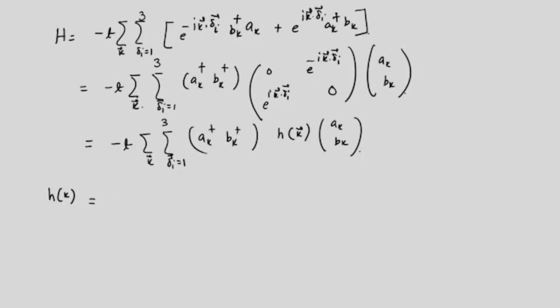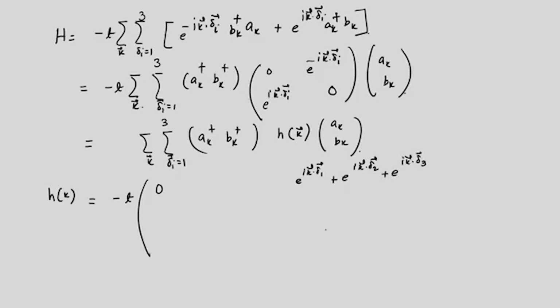Let me also take this minus t here, so that I do not write the minus t separately. So, I take it with h k, so that this becomes a 0, exponential i k dot delta 1 plus exponential i k dot delta 2 plus exponential i k dot delta 3.